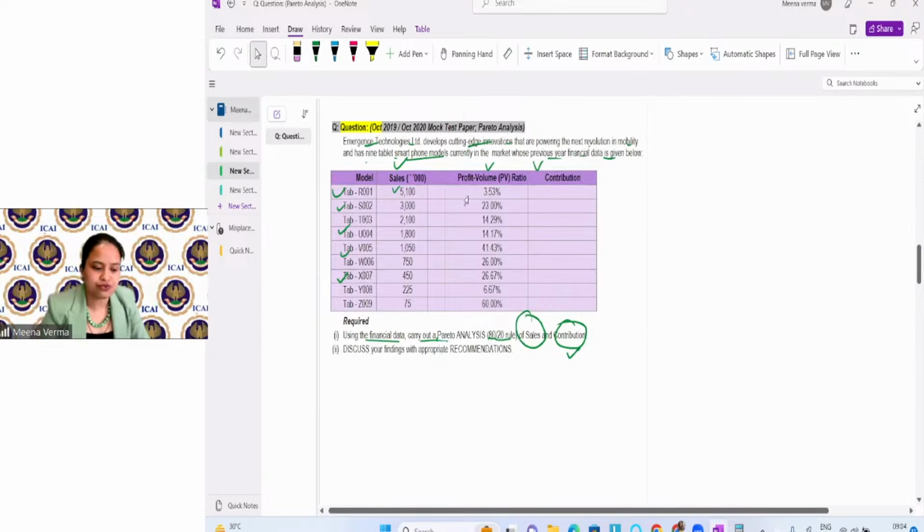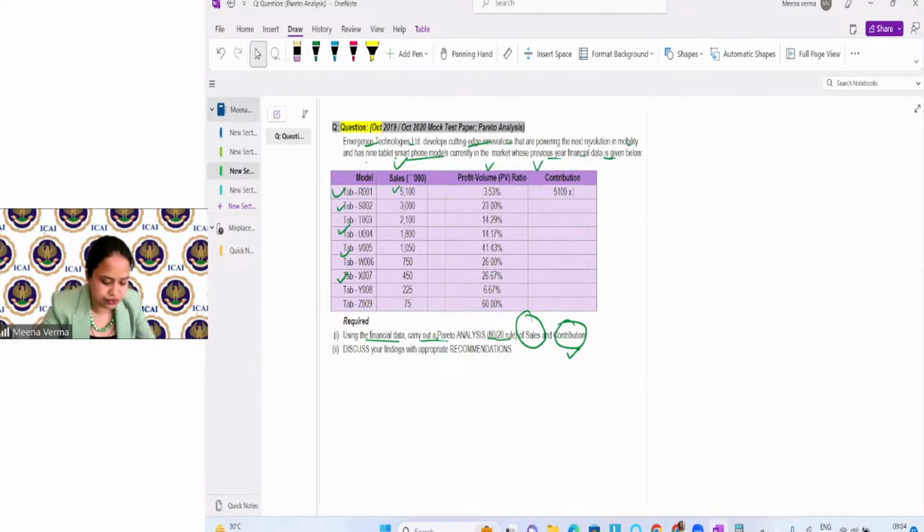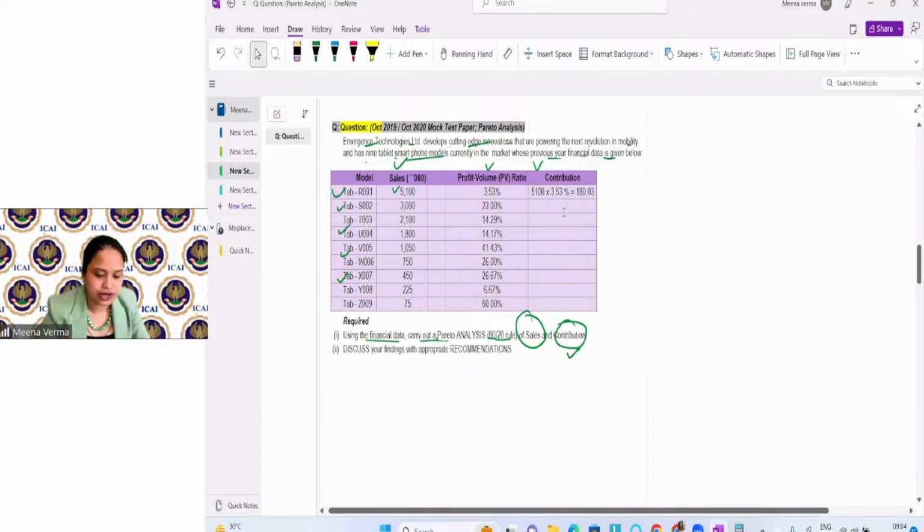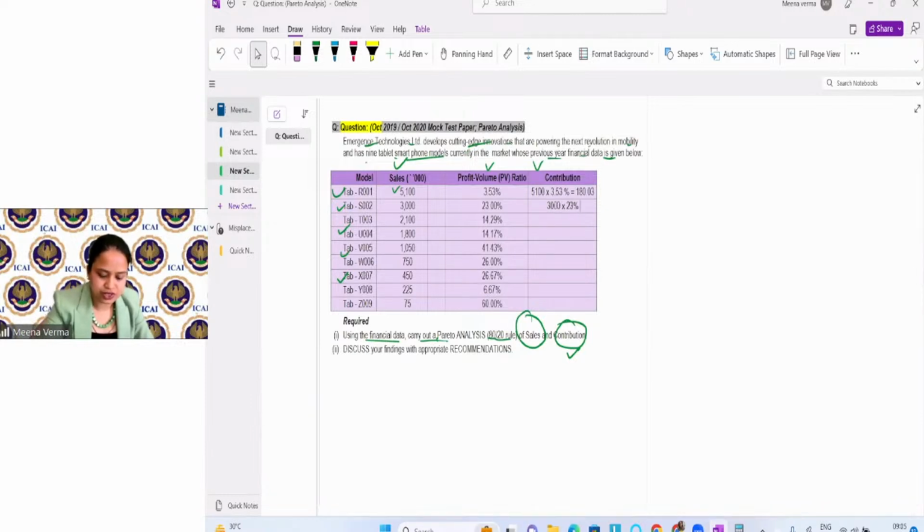So contribution will be what? 5,100 into 3.53. Just multiply this, you will get the contribution. All right, next value. Next is your 3,000 into 23%.